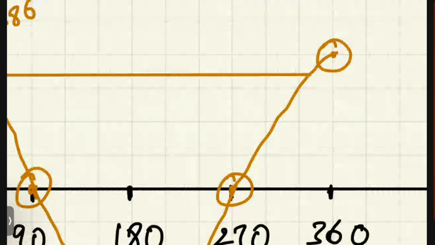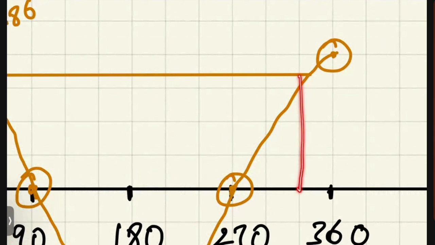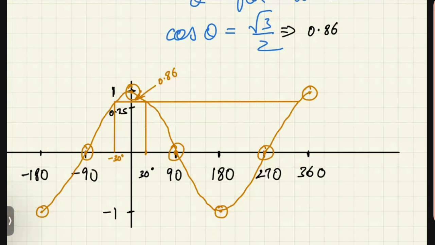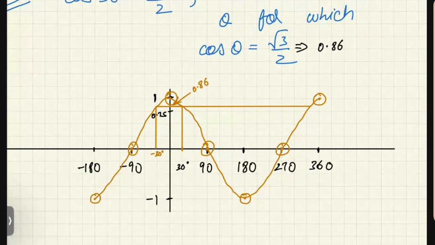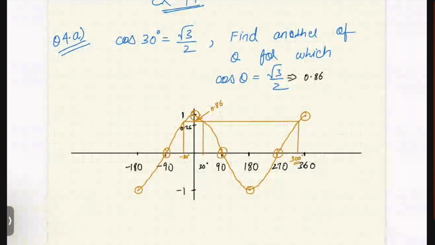You are right, it is 300 degrees, which is here, but because our graph is not very smooth, it's coming over here, near 30 degrees. That's how we do it. So I think approximation should work, but you know that it should be 300 degrees only. So that is your value.